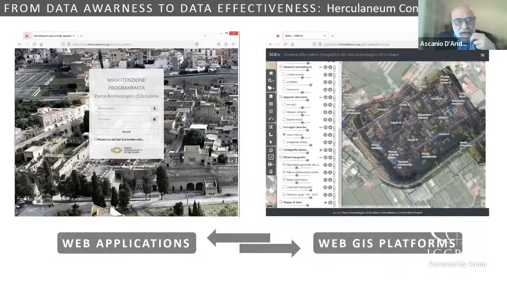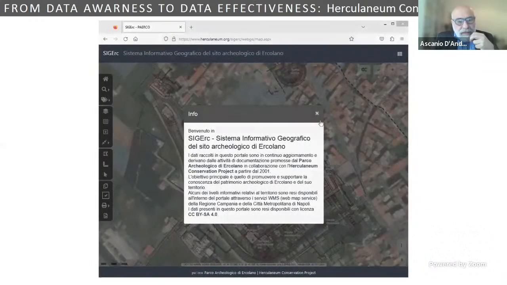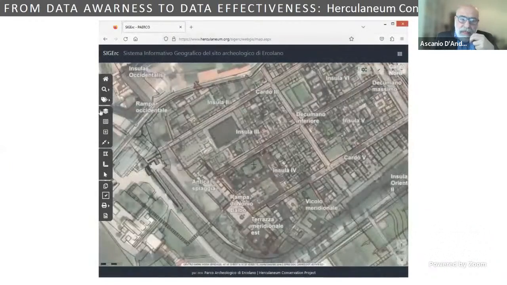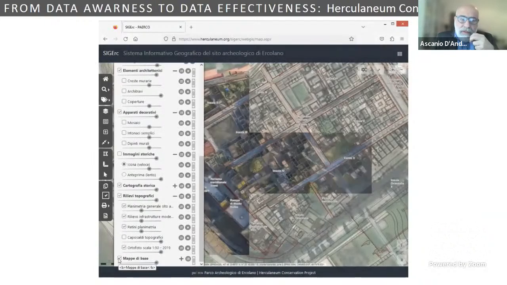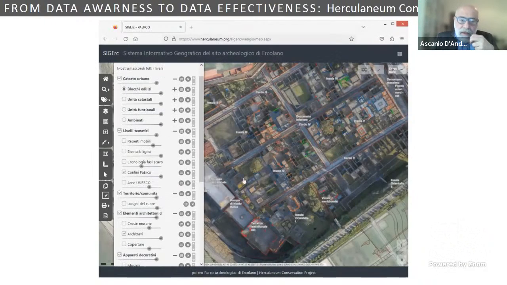Obviously, once you have defined all these kinds of approaches, you can provide your IT tools to deal with this data, to allow users to interact with this information within web applications, customized or not customized, using proper software, or with a WebGIS platform. I just put a very simple accelerated video about the WebGIS that we provide to the users in order to interact with different kinds of typologies of data.